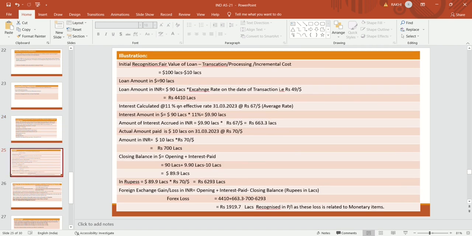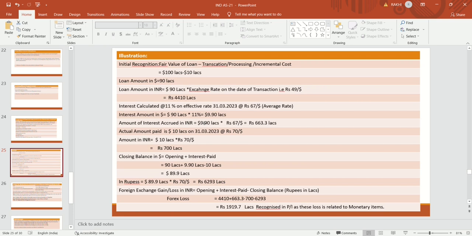So interest on 90 lakh dollars at the rate of 11% will be 9.90 lakh dollars, and we will convert this interest into INR by considering the average rate, that is rupees 67 per dollar, which comes to rupees 663.3 lakhs.